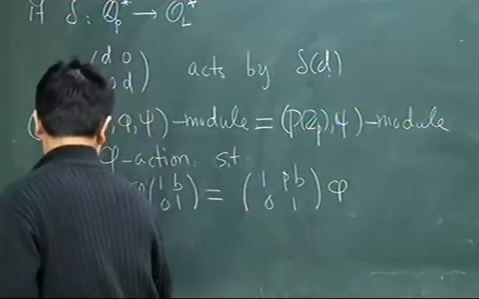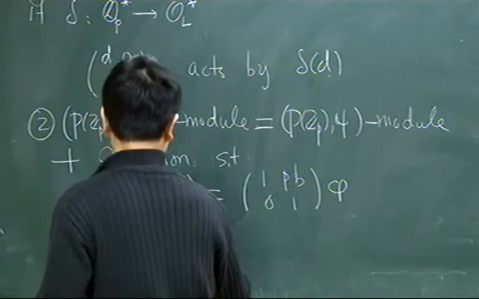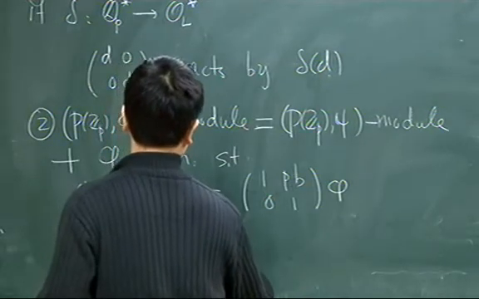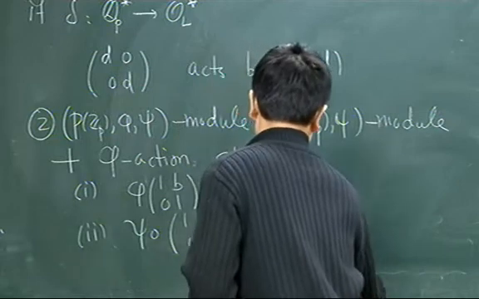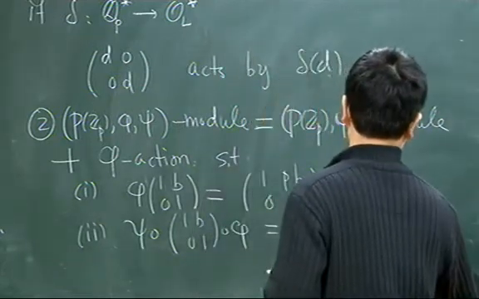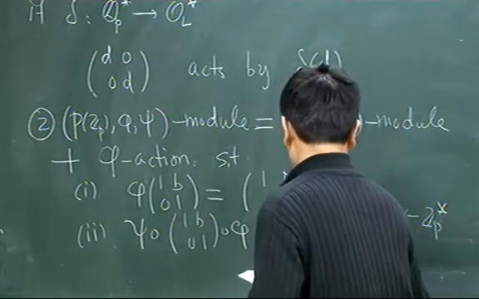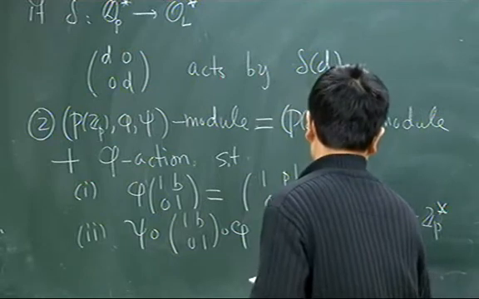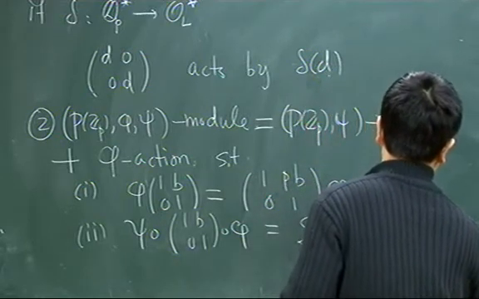The second: psi times (1 b; 0 1) times phi is either 0 if b is in Z_p cross, or 1 if b is in pZ_p.